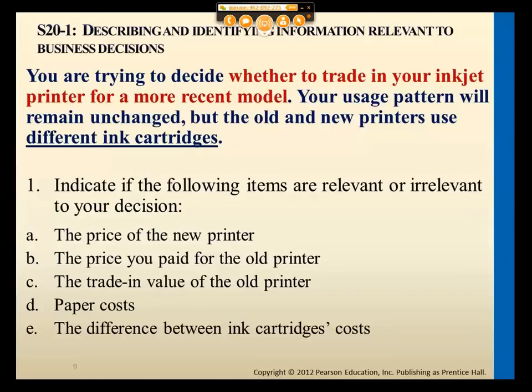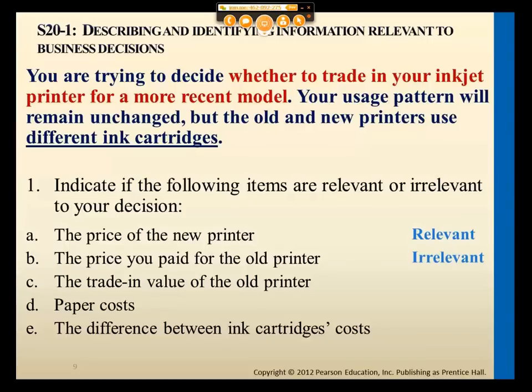Relevant? Why? It's relevant. Use the price of your recent purchase. You're going to buy it, so you need to know what it costs. Okay. The price you paid for the old printer. Okay. The trade-in value of the old printer. Why?